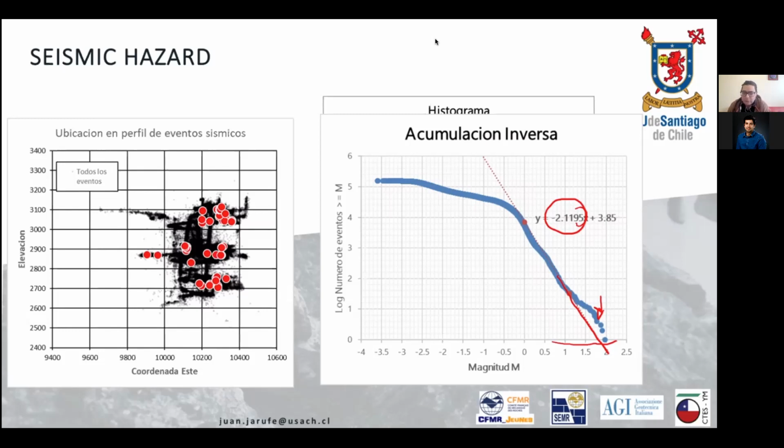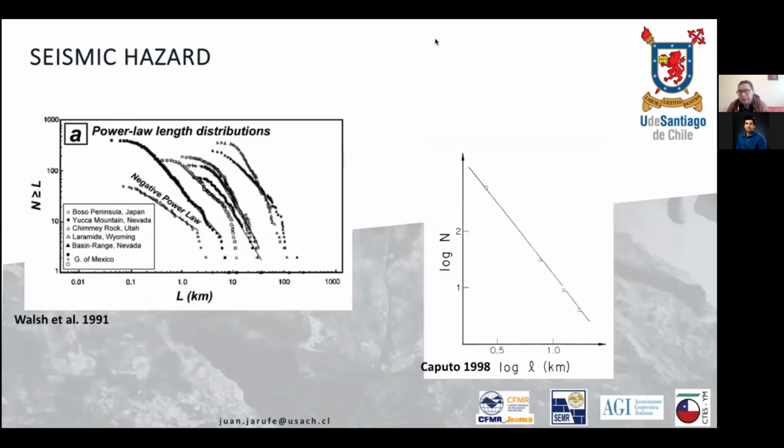This frequency magnitude distribution of seismic events is based on how fractures distribute in your rock mass. The topic of how the fractures are distributed in the rock mass has been researched for a long time. There have been different models that describe how fractures distribute, from power law models to exponential models.